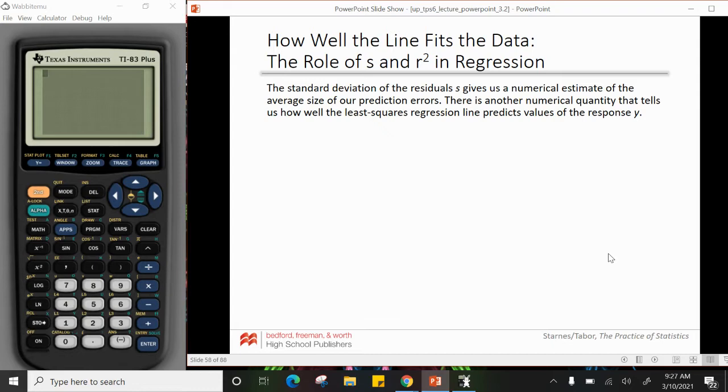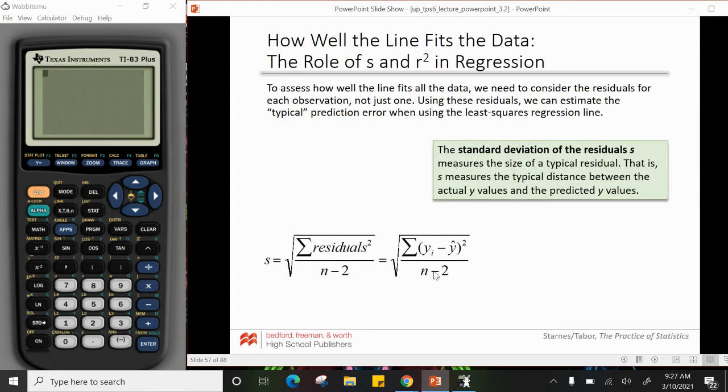So the standard deviation of the residuals S gives us, well, actually, I think you won't really have to worry about this formula too much, but it is: your actual Y minus your estimated or predicted Y, squared, add all those up, divide by n minus 2, and then take the square root of that.